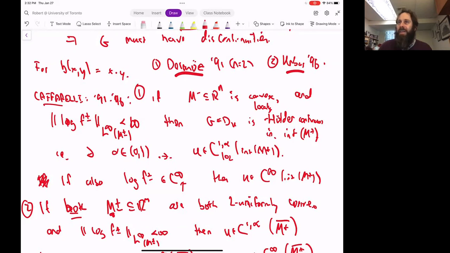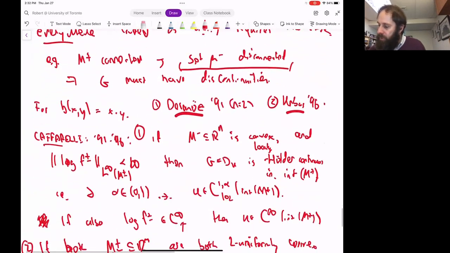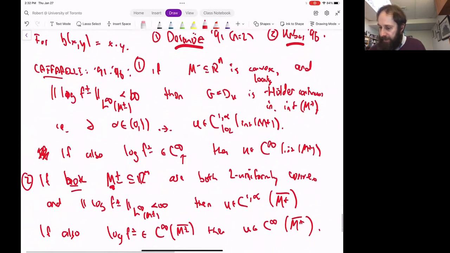So in other words, when you assume things are good, and then you try to show maybe that you have a second derivative or a fourth derivative bound when things are good that doesn't depend on how good they are. And so therefore, if you have a sequence of good solutions and you have these solution independent bounds, then you can pass to the limit of that sequence and still have a bound. So that's how Delanoë and Urbas showed their results. I certainly don't really want to try to say much more about their techniques.